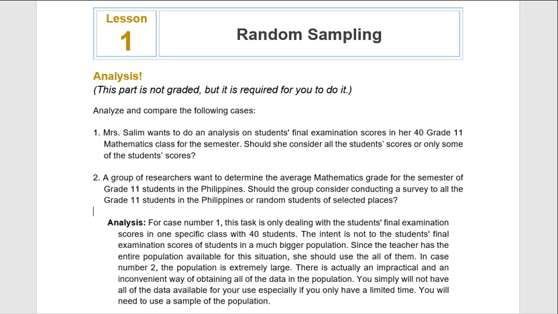So you can never ensure that you can give a questionnaire to all of the grade 11 students in the Philippines, as well as that all of them will return the survey with answers to you. So it's probably practical for case number 2 to only include a few students who are selected from different schools in the Philippines.